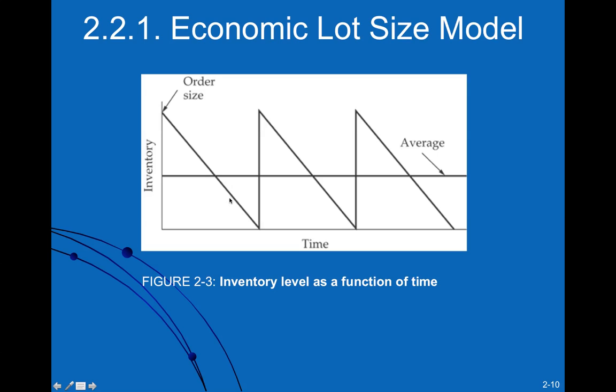Now at some point when the inventory level drops low enough, we will actually place the order. We won't place the order at this point unless you have zero lead time. So if you have a lead time, say of one week or 2 weeks or a couple of days, depending on the unit of measurement here, we will place that order earlier.